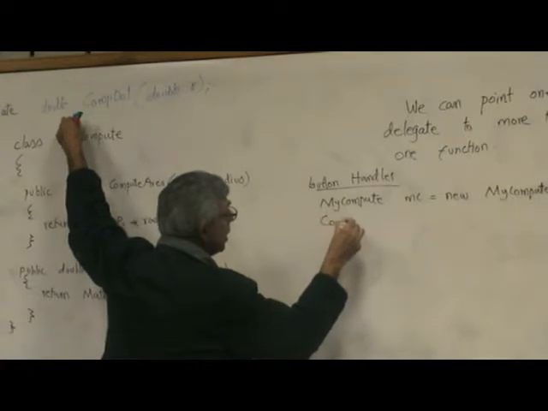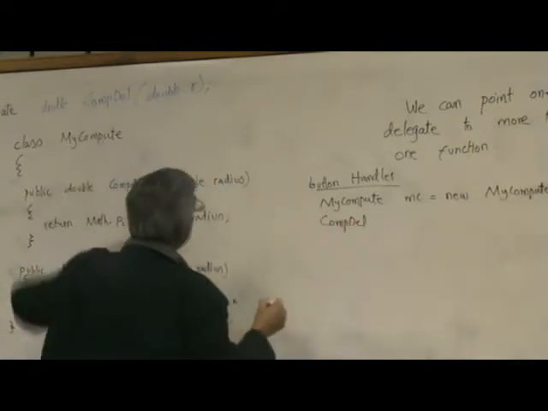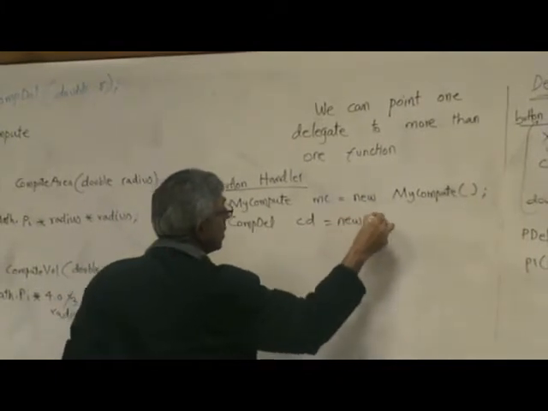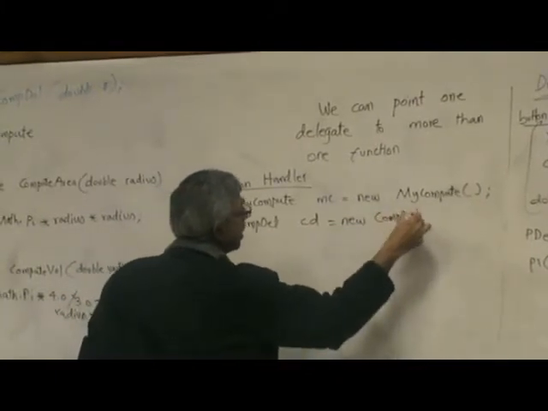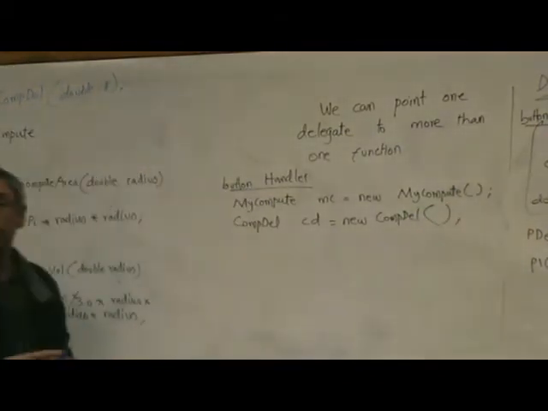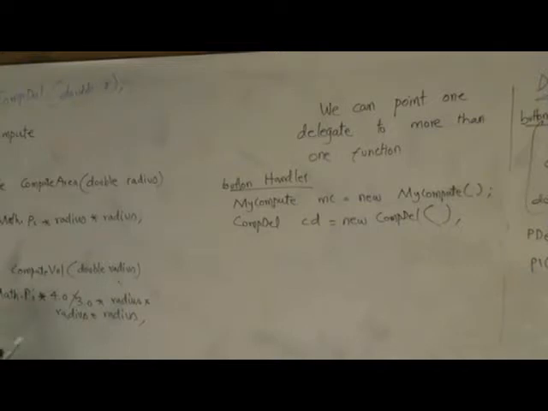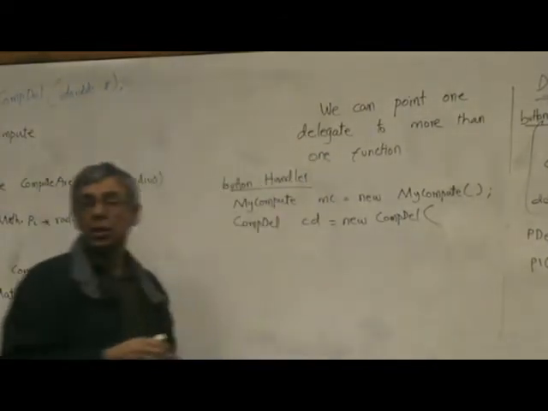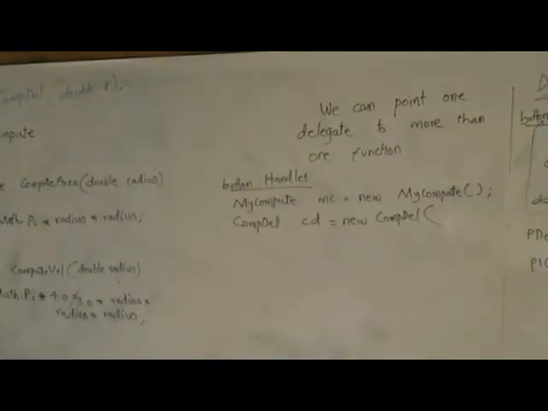So CompDel cd equal to new CompDel. Can I leave the constructor of the delegate blank? No. So if you tried it, you'll see your code won't even compile. So I have to pick one function to point to, right? So let me pick the ComputeArea to point to.